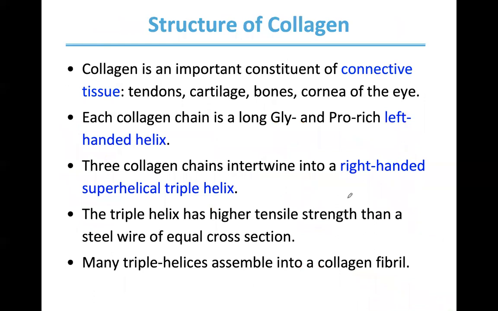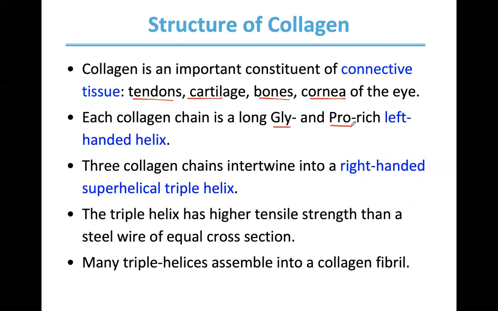All right, let's move on to collagen. So this is another protein which has evolved for strength. This one is found in connective tissue: tendons, cartilage, and bones, the cornea of the eye, okay? And again, here the two prominent amino acids are glycine and proline. You can see how some groups of proteins love glycine and proline, and some groups hate it, right?